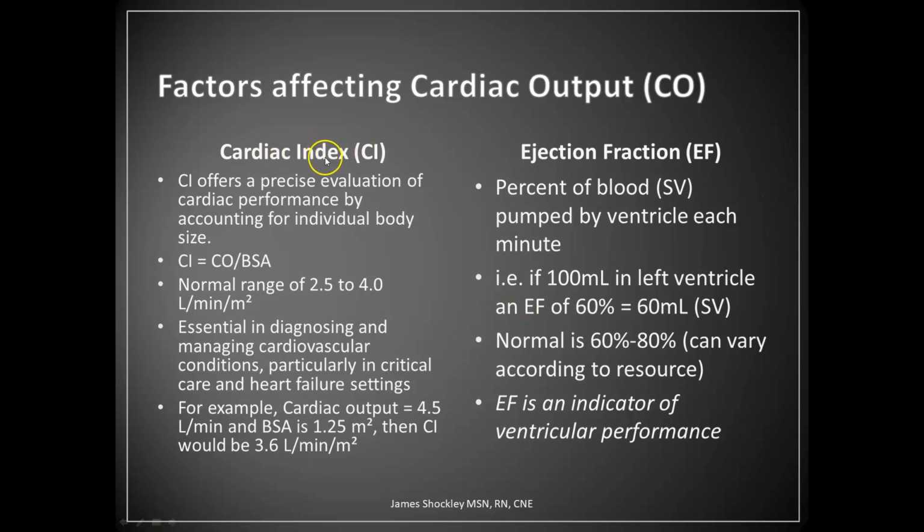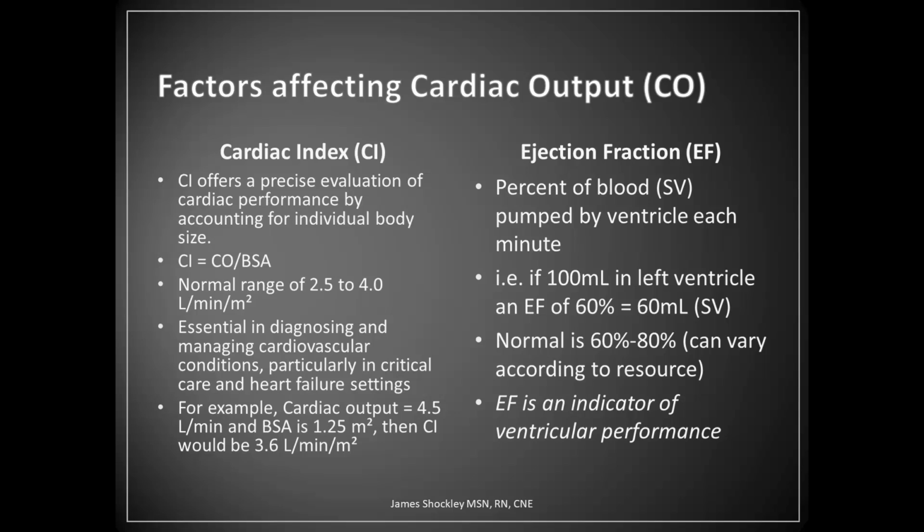Cardiac index. So I added cardiac index because I can actually find cardiac index on the NCLEX test plan right now. So I want you guys just to understand that basically it's just cardiac output, but it's a more precise measurement. Cardiac index is your cardiac output divided by the body surface area.